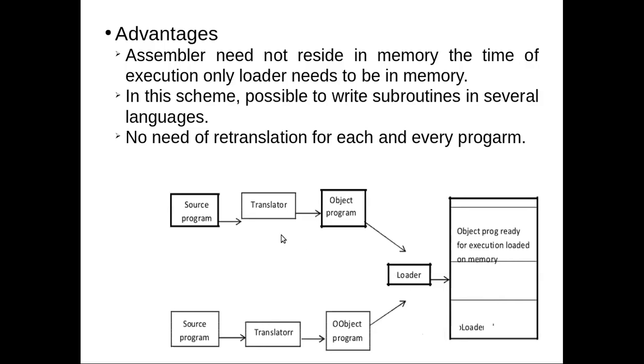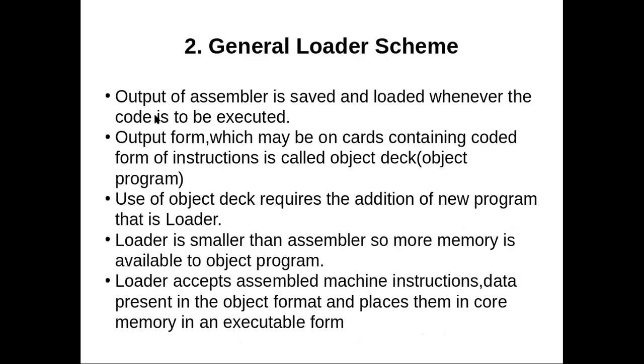Now let's see the points of this general loader scheme. As I told you, the output of the assembler is saved and loaded whenever the code is to be executed. That means if we have a source program, only when we require to execute that program, we load the output of the assembler and the data into the memory.